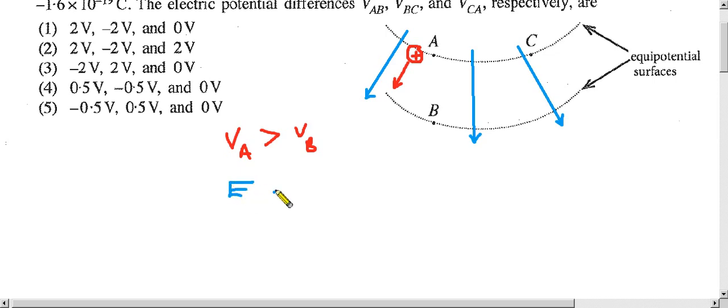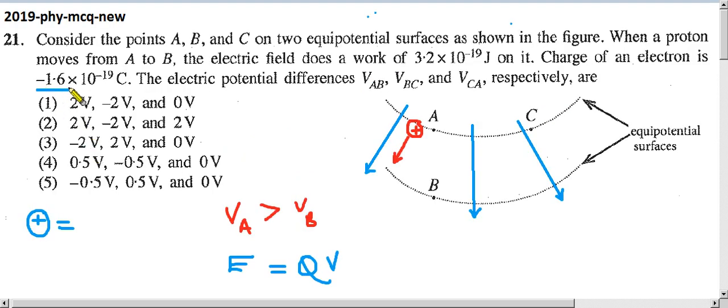Energy equals QE. How do we get this equation? V is the energy given for 1 coulomb. Then we multiply it by the total coulomb, then we get the total energy. So here the charge of a positive charge is, they have given the charge of an electron, so we have to write, converting the sign to positive, 1.6 times 10 power minus 19 coulomb.